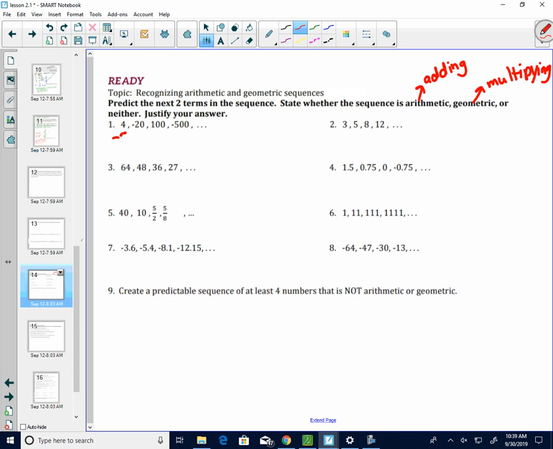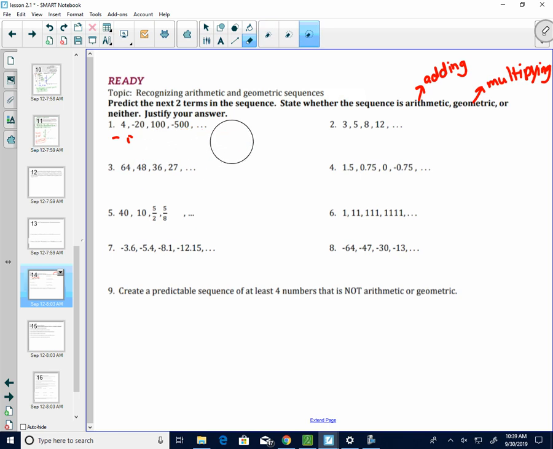So we would check to see if this is arithmetic by doing -500 minus 100, and negative 500 minus 100 is negative 600. And then we would do 100 minus negative 20, and that's 120. Those numbers didn't work out to be the same, so it is not arithmetic.